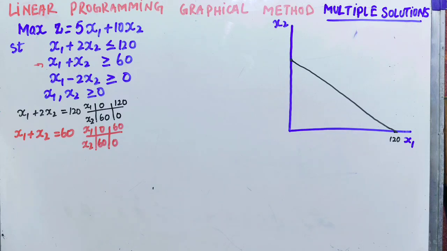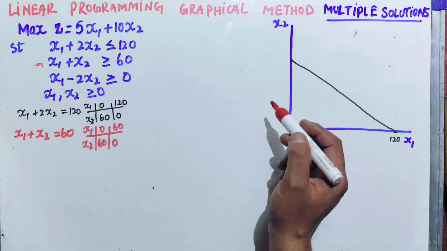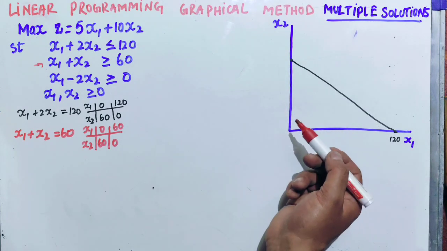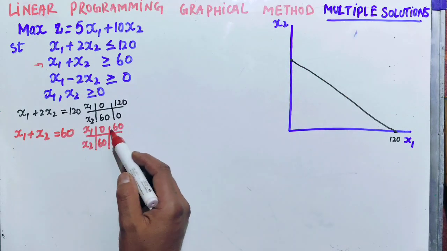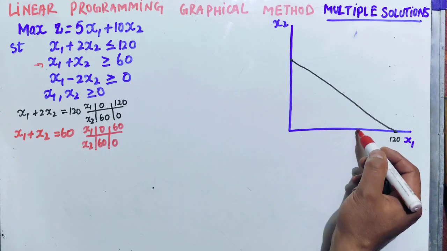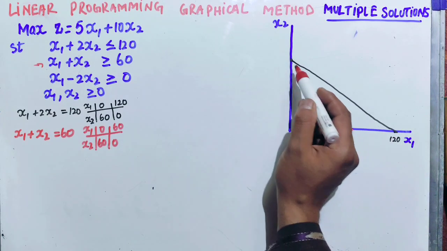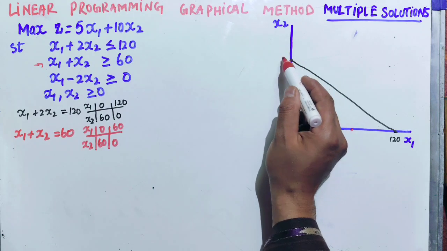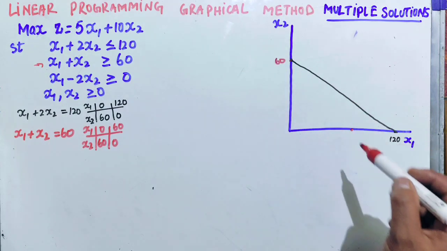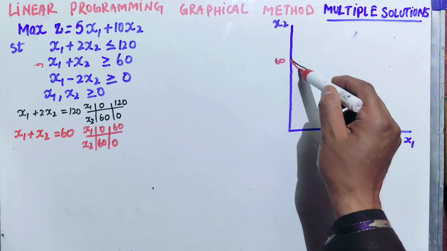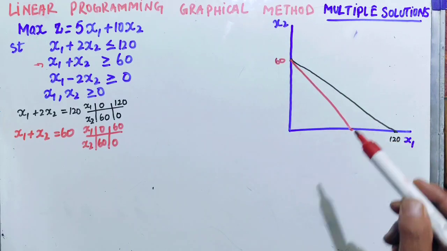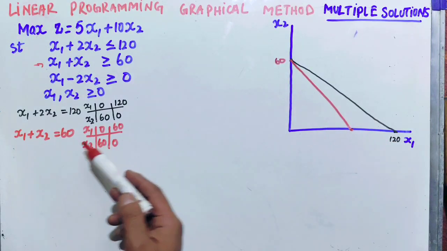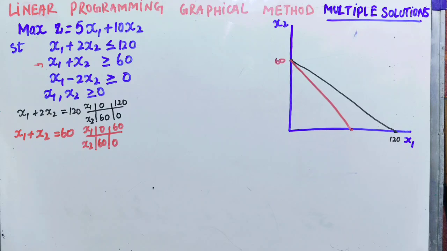Okay, so we have 60 on x1, so let us say this point is 60, and x2 which is also 60 here again, then we join these two like this, we get the graph for this very equation.